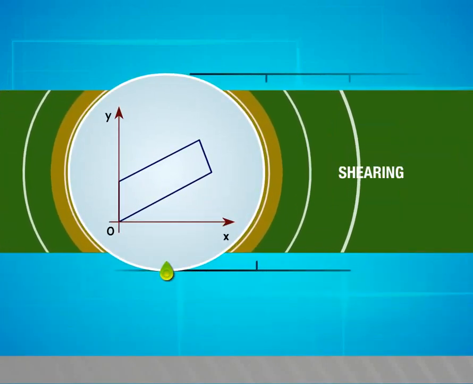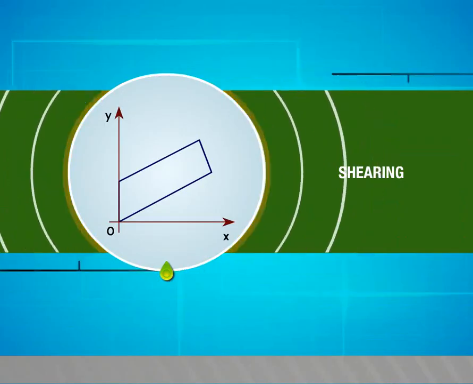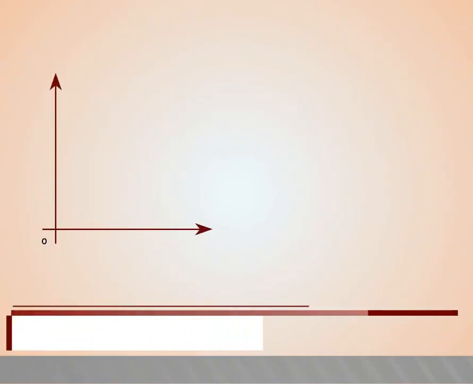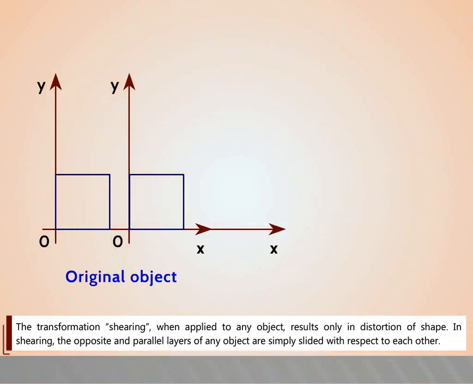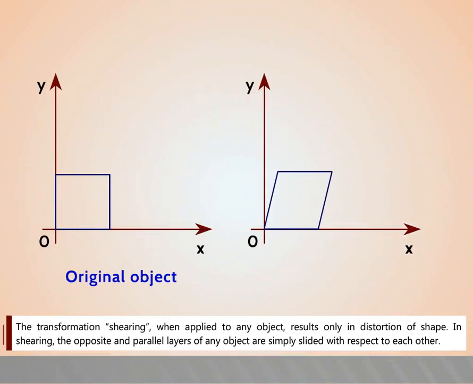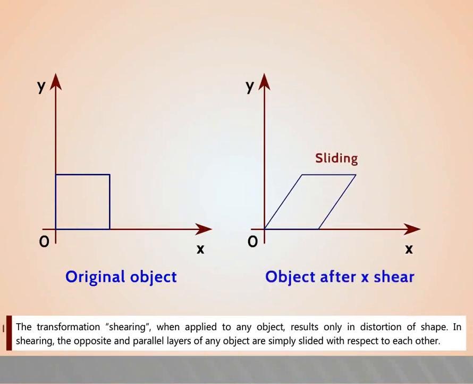Shearing. In this video, we are going to see about shearing. The transformation shearing, when applied to any object, results only in distortion of shape. In shearing, the opposite and parallel layers of any object are simply slid with respect to each other.